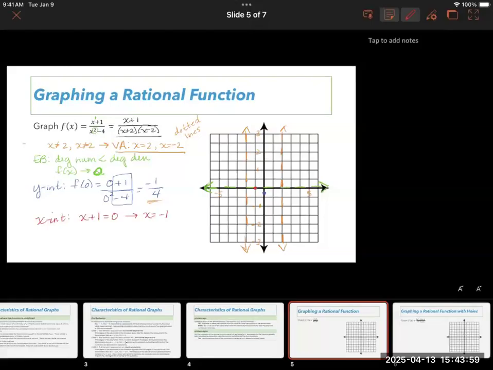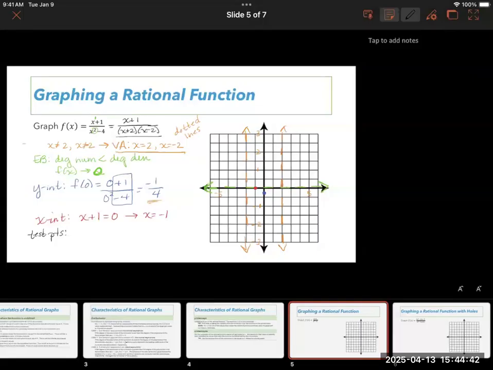All right, now, once you have all of those things added to your graph, you may still need some test points. For example, I have a couple of points that are in between my two vertical asymptotes, so I'm getting an idea of what's going to happen with the graph in that section. But I don't have any indication of what's happening to the left of my vertical asymptote or to the right of my vertical asymptote. So I'm just going to pick some x values to put in and see what I get for y.